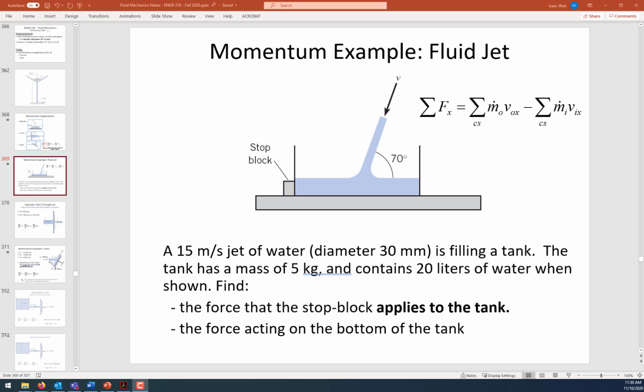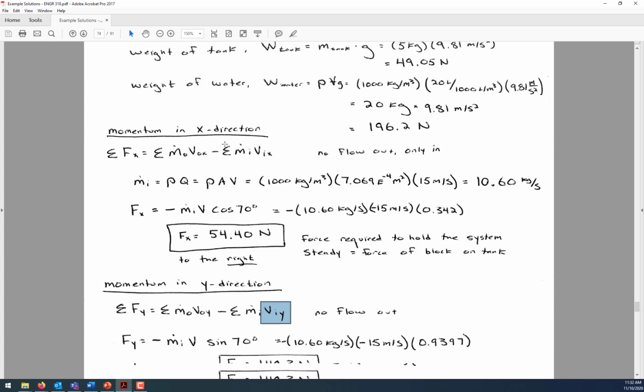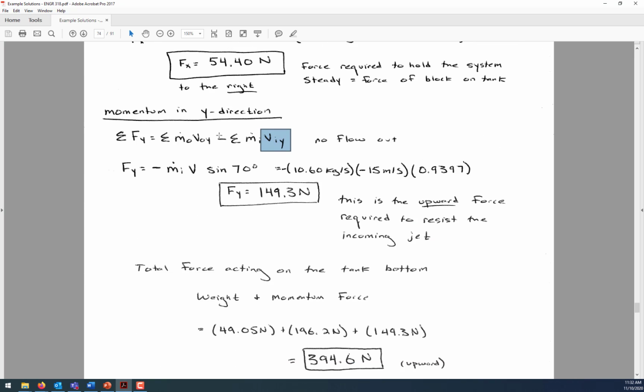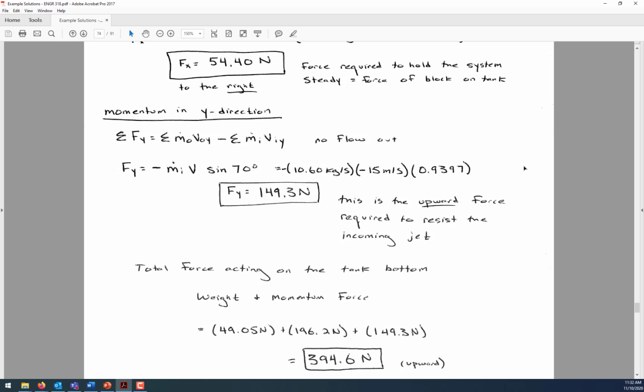Type it in the chat box when you think you've got it. Okay, so Caleb got this one.